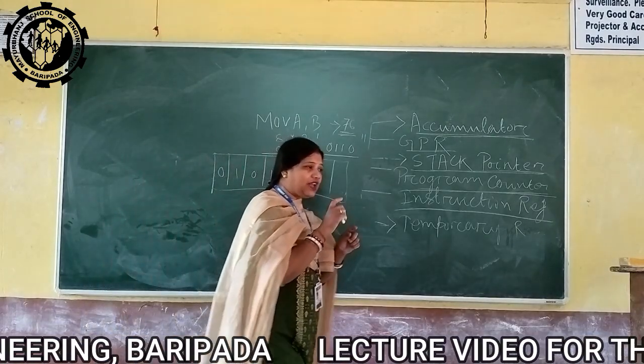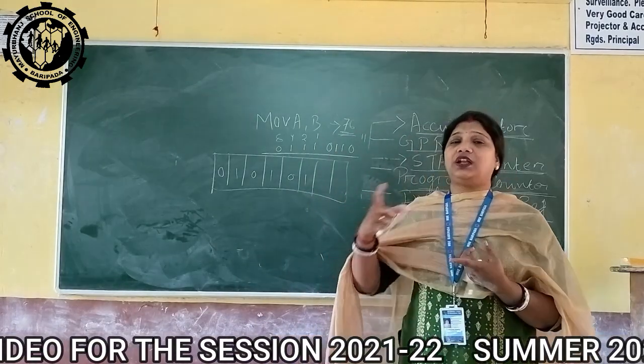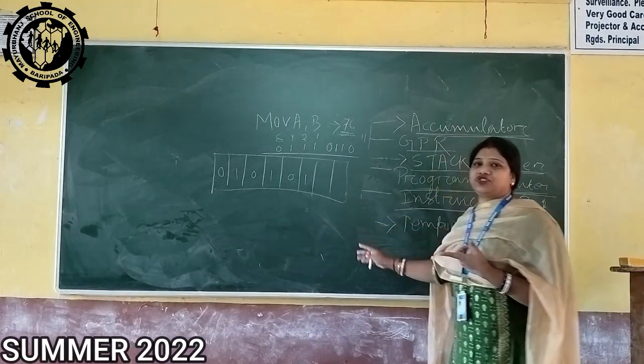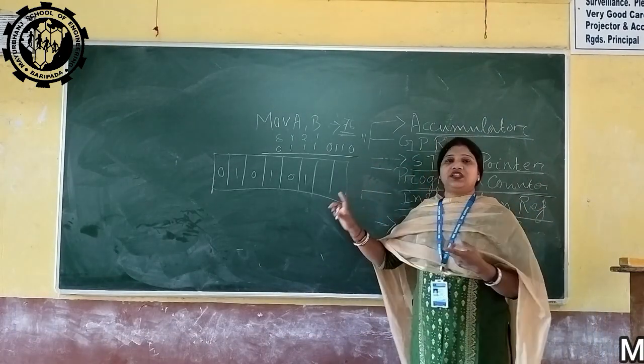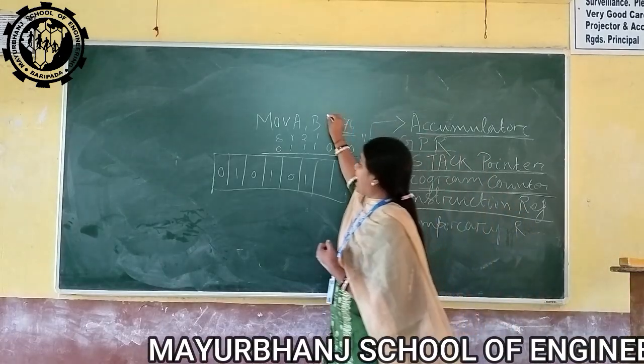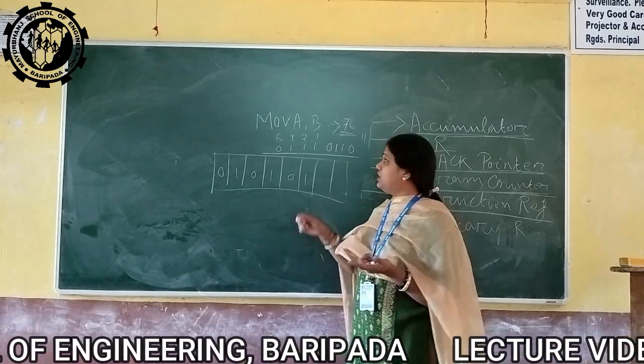So whenever we fetch some instruction from the memory location, it is automatically loaded into the instruction register, and its content is always in the form of 0s and 1s. Why? We have 246 opcodes, and opcode means machine code.